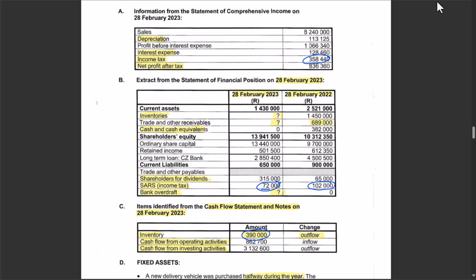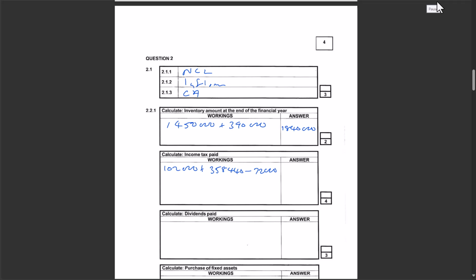Let's see what we get. That's 102,000 plus 358,440 minus 72,000, which is 388,440. If you had to put it in a table, basically what you're going to write is: opening balance, that's 102,000, in brackets.